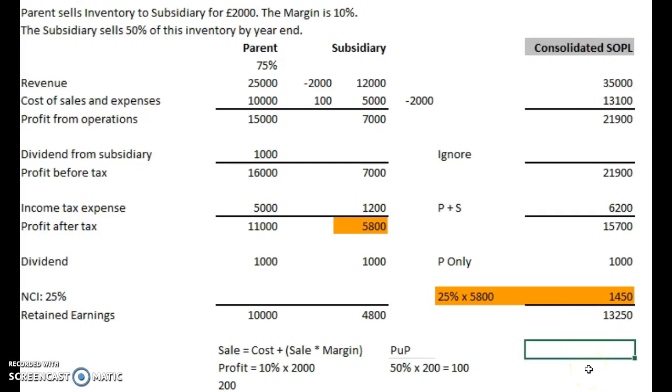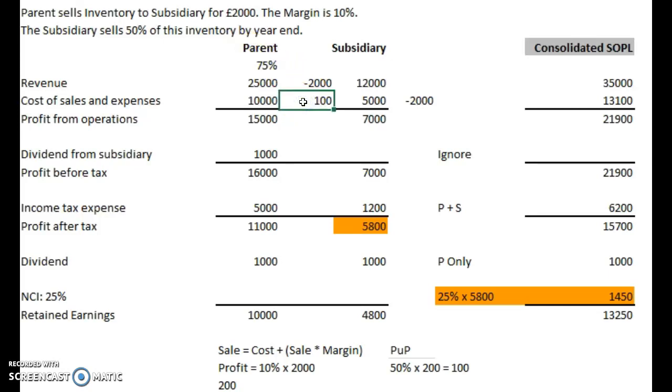Let's just go through that again. We calculated our profit from the inter-entity transactions. Total profit was 200. 50% of the goods remained unsold, so 50% of that profit remained unrealized and within the group. To take account of that, we have to adjust the cost of sales of the selling entity, and in this case it's the parent.